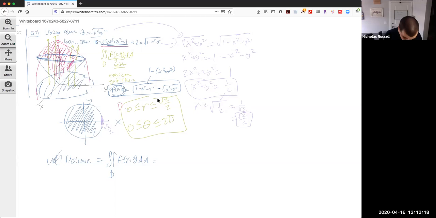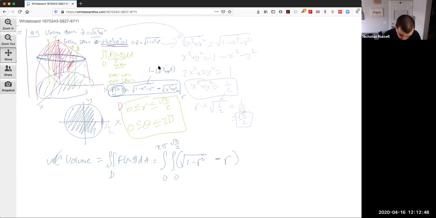Out here, this one is really just going to become r, because x squared plus y squared is r squared, and the square root of that is just r. So if I go ahead and do that now, my integral is going to be between 0 and square root of 2 over 2, and 0 and 2 pi. I'm going to have my function be the square root of 1 minus r squared, that's coming from this portion right here, minus r, which is coming from this guy.